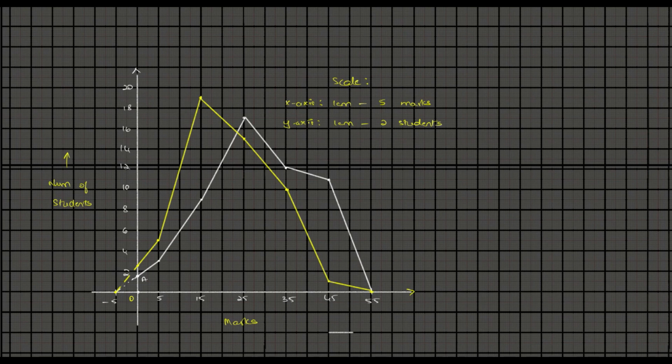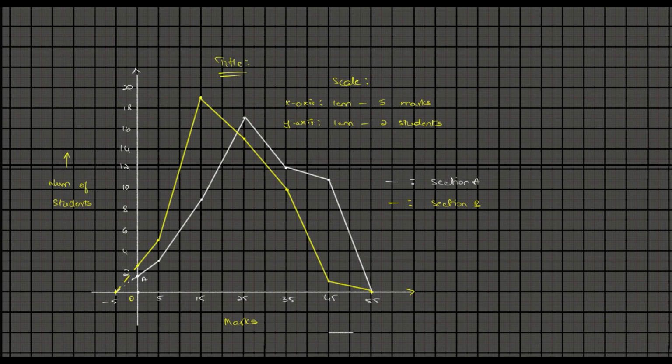And for me, the white line represents section A, and in my graph the yellow line represents section B. So this is something that we need to mention as well. What else? Title, if you guys feel like it. And this is your graph.